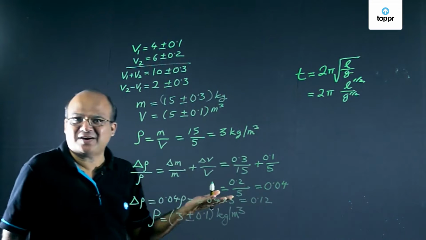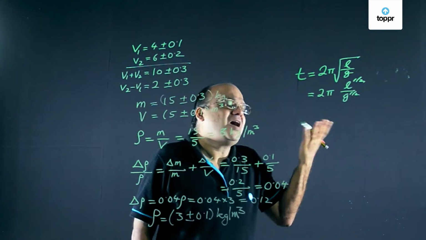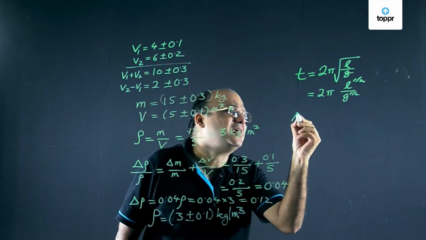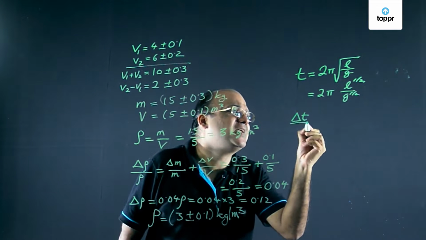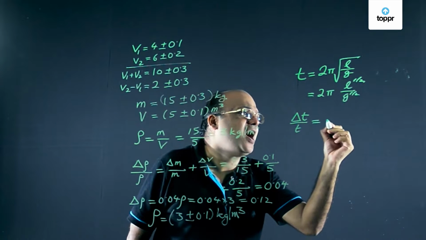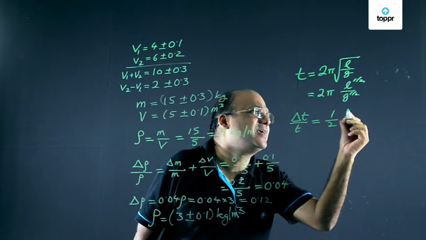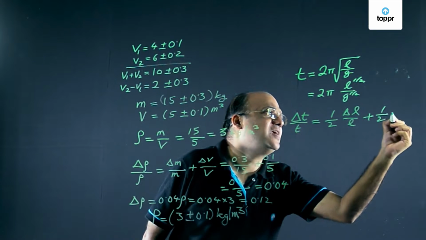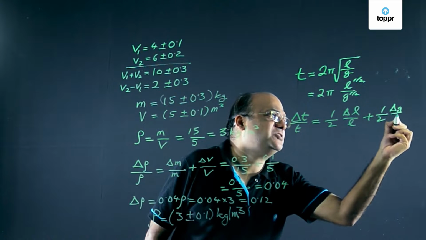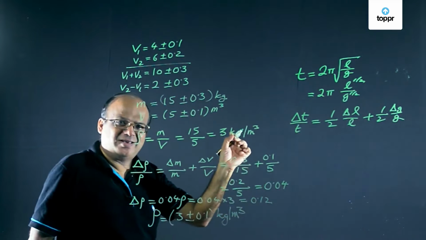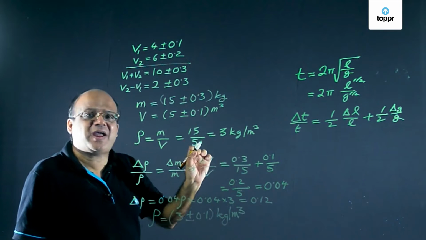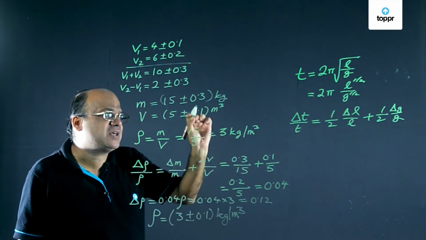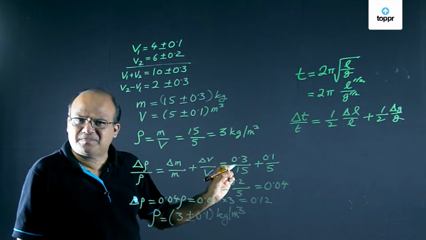Square root is nothing but taking power half. So now error in T by T will be half times error in L by L plus half times error in G by G. So this is how we'll find the fractional error in time period.